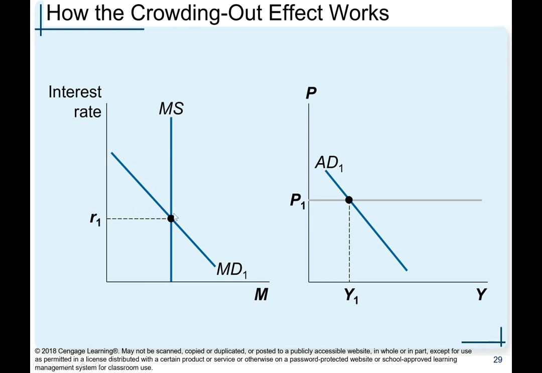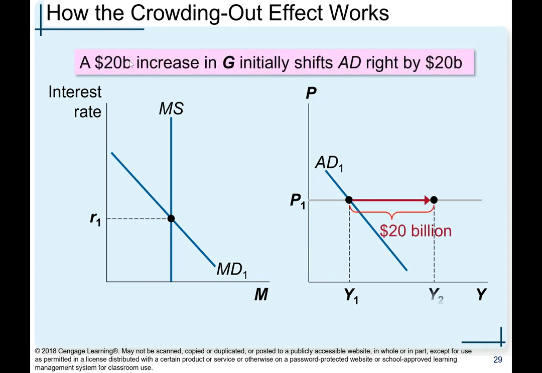In the money market, the economy is at equilibrium at R1, and a $20 billion increase in government spending shifts aggregate demand from AD1 to AD2 by that $20 billion.